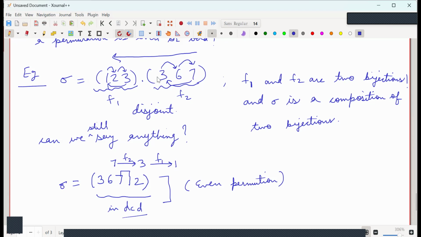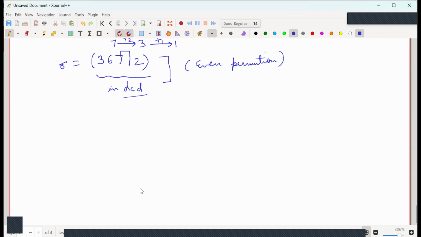So we start with 3. 3 is mapping to 6, so we map 3 to 6. Now we start from this 6 and look at its image in the rightmost cycle, and then the second cycle. Then 6 is mapping to 7. The tricky part is 7, because 7 is mapping to 3, and 3 is also present in this cycle, so 3 is mapped to 1. So the resultant is 7 maps to 1. Similarly, we will see 1 and 2.